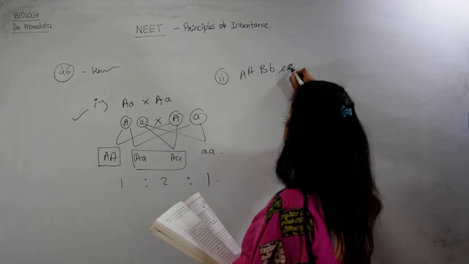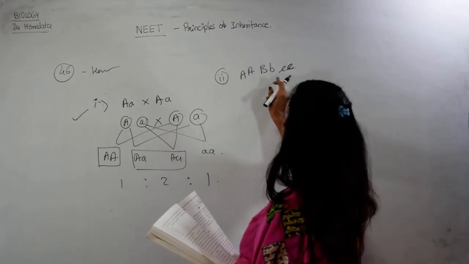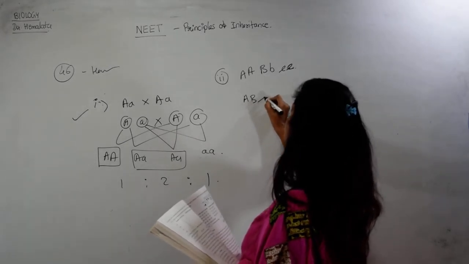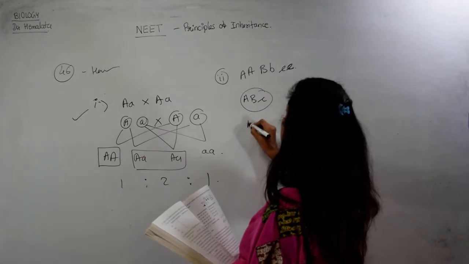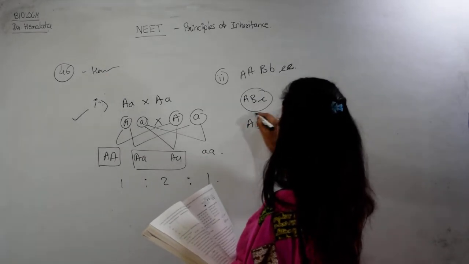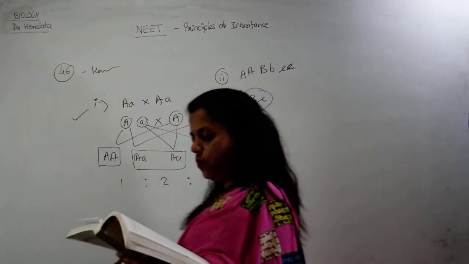Find out the gametes in this. This is actually a trihybrid cross. Anyway, how to do the trihybrid cross? Now we can easily make A, B, small c one gamete, A, small b, small c one gamete. Okay. Then how many are heterozygous?